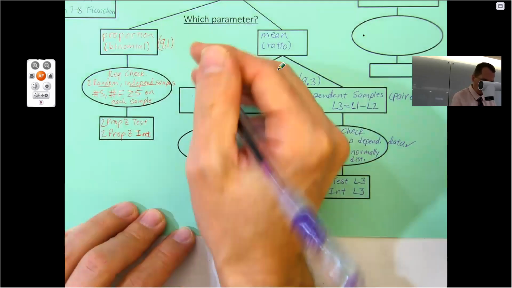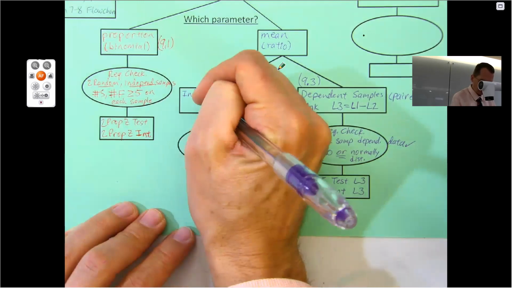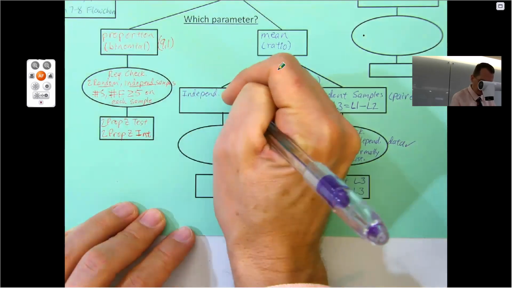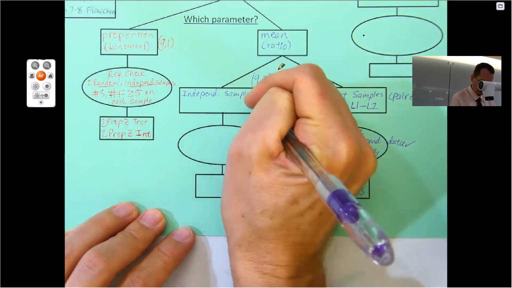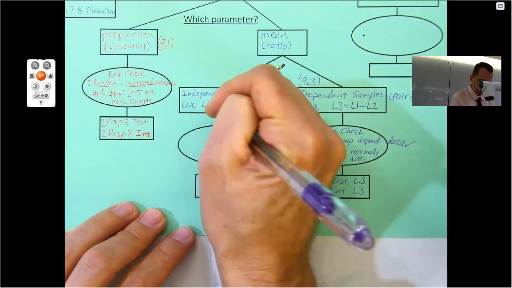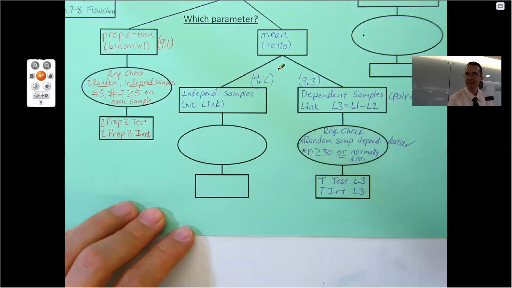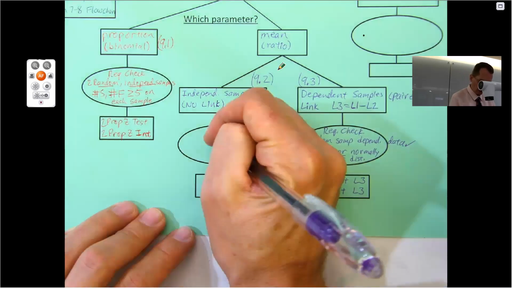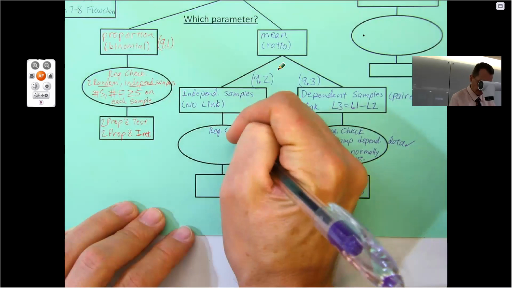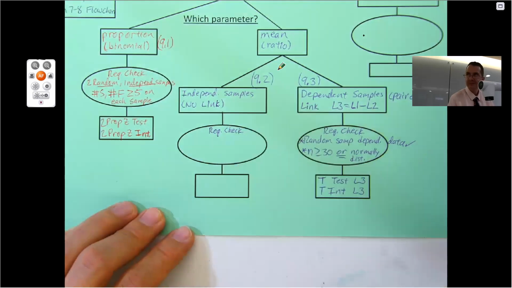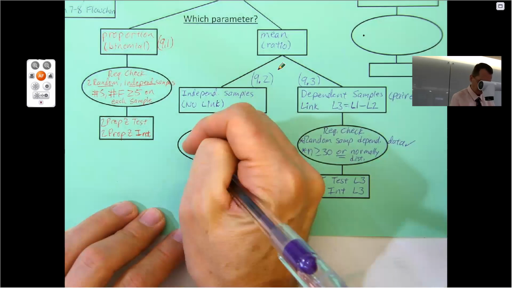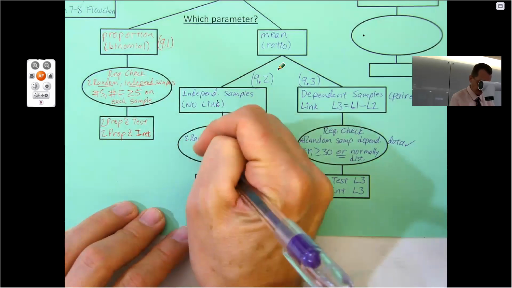Now, in 9.2, we talked about, remember watching SpongeBob? So we had independent samples, meaning that there is no link between our data values. And what requirements did we need to check there? Two random and independent samples.